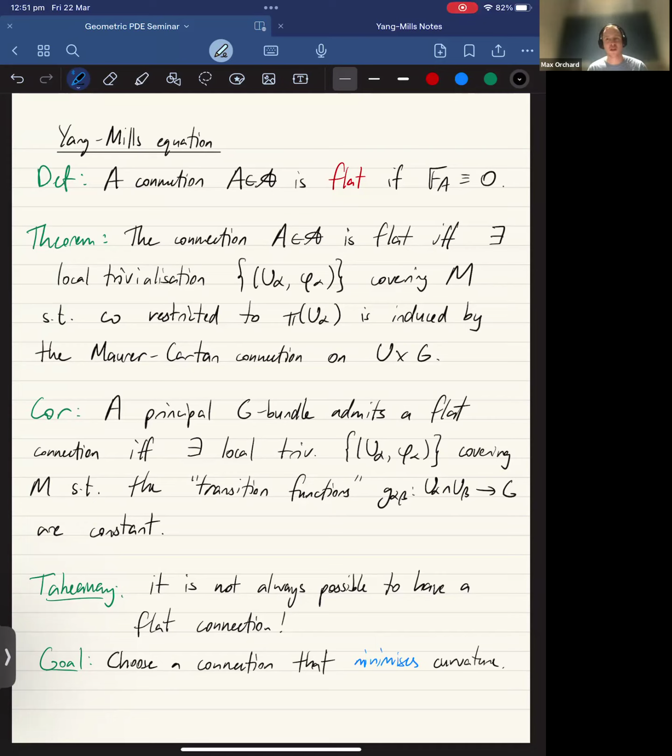We want it to be as small as possible, essentially. Now, such connections are Yang-Mills connections. So how do we find Yang-Mills connections? And what do we mean by minimizing the curvature?